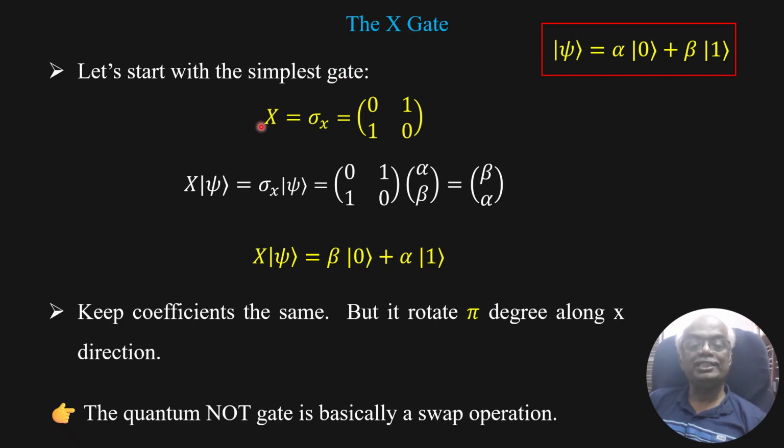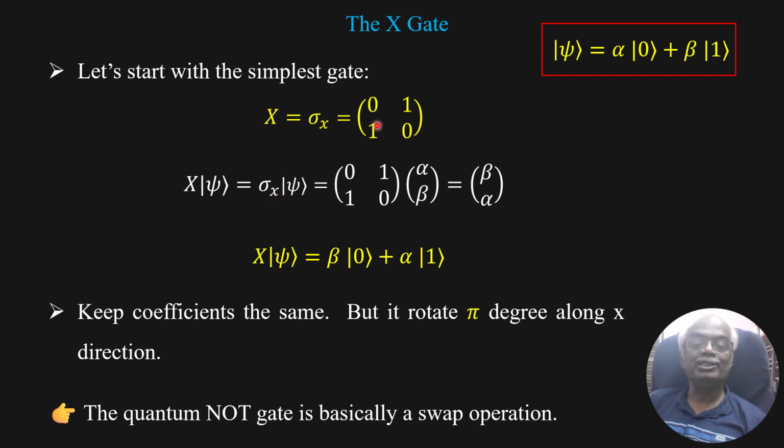We have seen already that the X gate is related to the Pauli spin matrix sigma X, which is equal to [0, 1; 1, 0]. When X acts on ket psi, that means X acting on ket psi is equal to sigma X acting on ket psi.